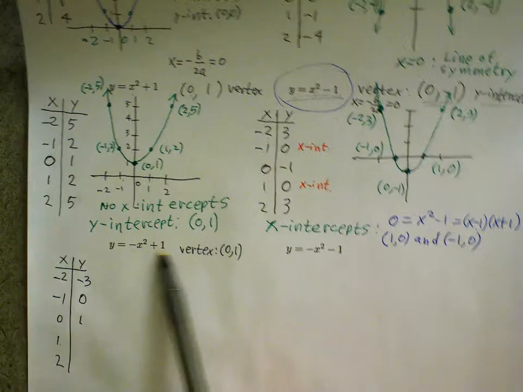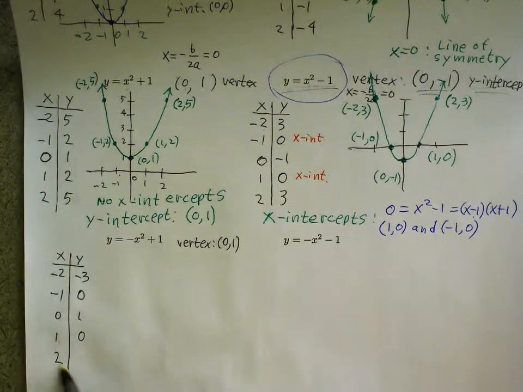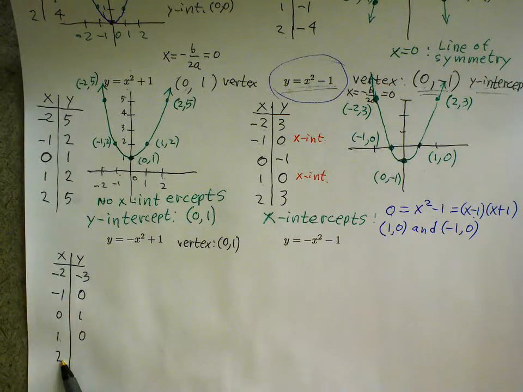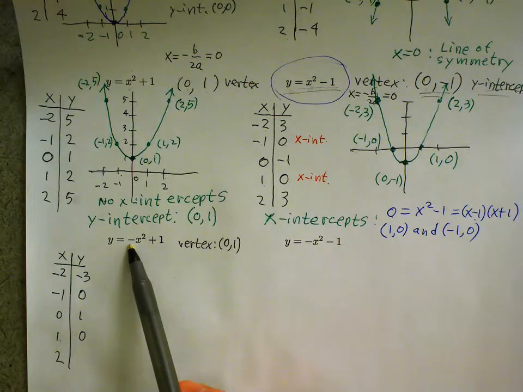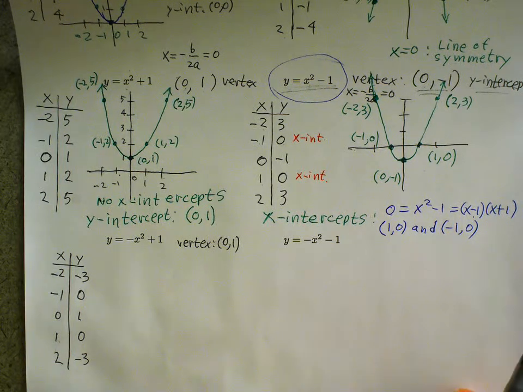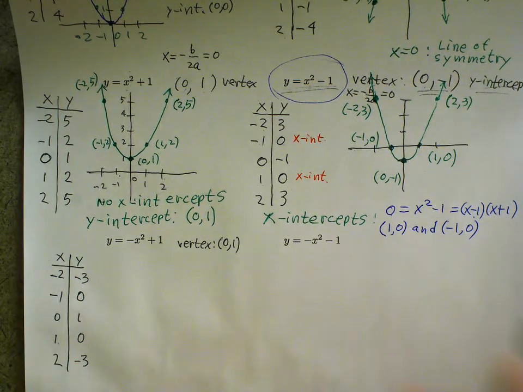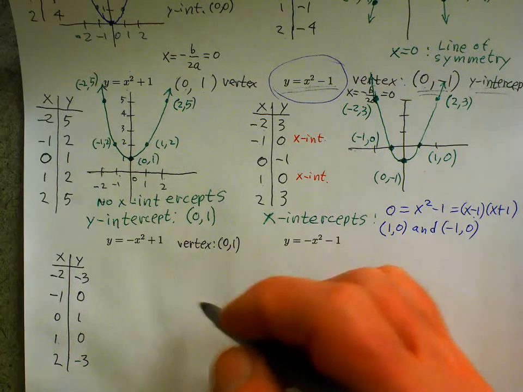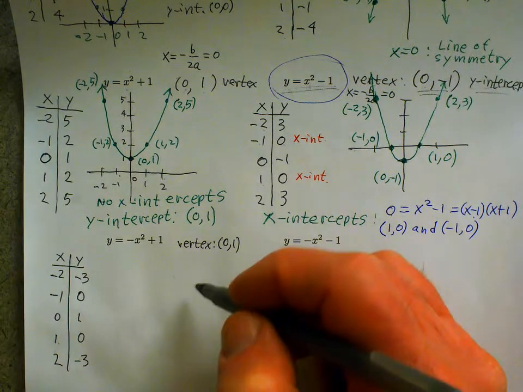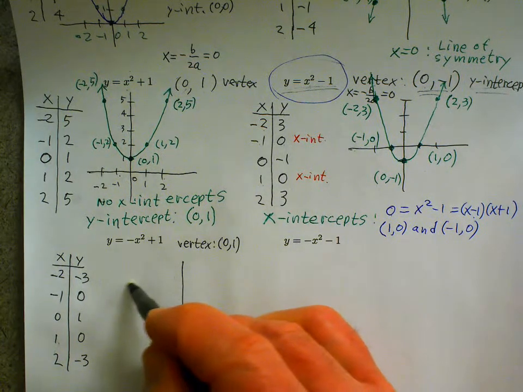Negative 1 plus 1 is 0. And then when x is 2, the y-coordinate is negative 4 plus 1, or negative 3. Okay, so we'll plot those points.